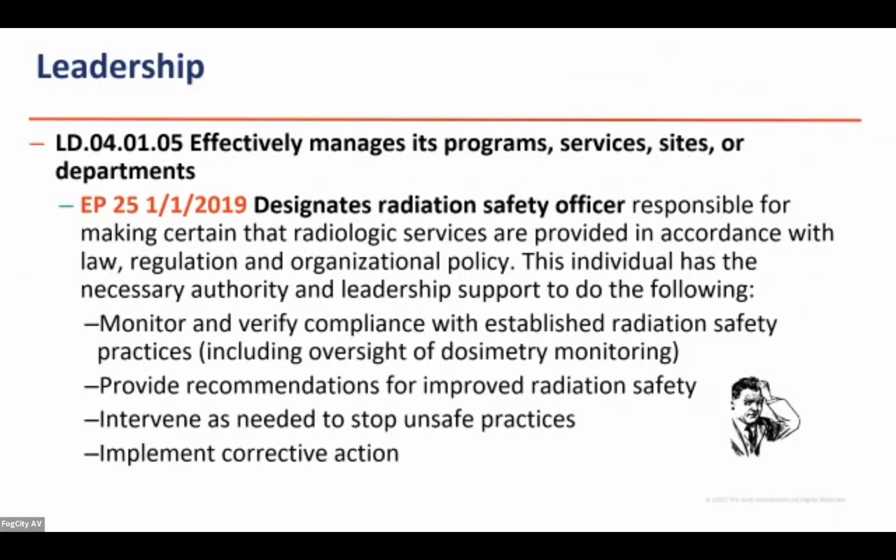Now, this can be, but it's not necessarily the same person who is your capital R, capital S, capital O radiation safety officer that's on your Nuclear Regulatory Commission license. This could be another person, could be that RSO, but it can be another person that the organization designates for this role.